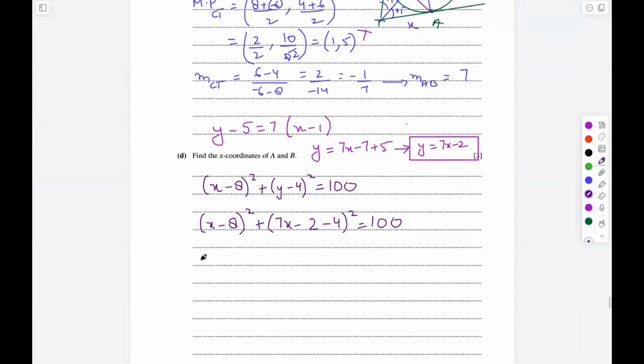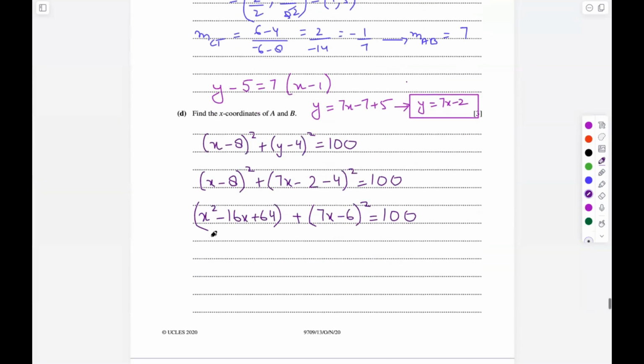Expanding this will become x squared minus, so 2 times x times 8 will be 16x, plus 64. And first we can simplify the second bracket, so this will be (7x minus 6) whole squared equals 200. Now expanding, x squared minus 16x plus 64, and this will become 49x squared minus 2 into 7 into 6, which is 84x, plus 36 equals 200.